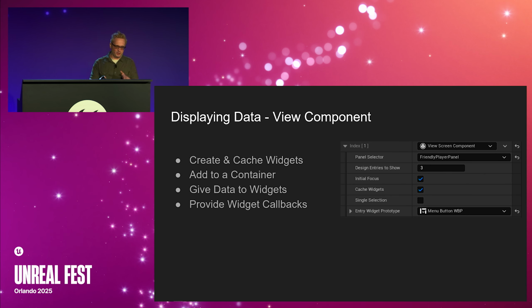The view screen component will then tell you, hey, here's the event that happened, here's the widget, here's the data. This helps simplify things because instead of having, say, an array of 10 widgets that you have to go add delegates to, you only have to listen to the view component.